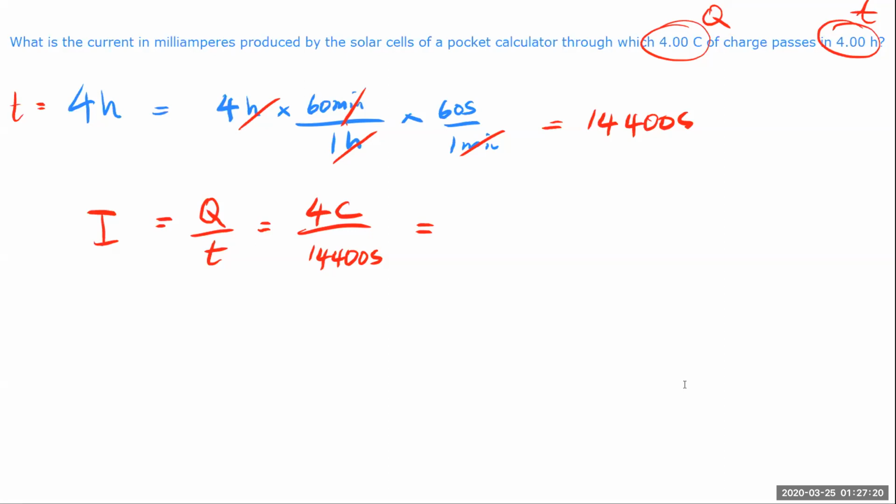Everyone should be working on their calculator at this time. Okay, so what is the value?